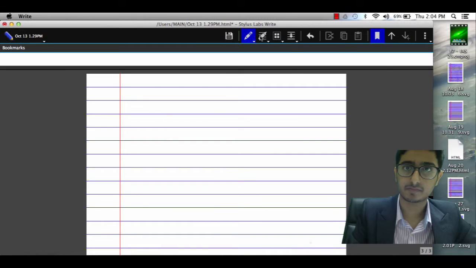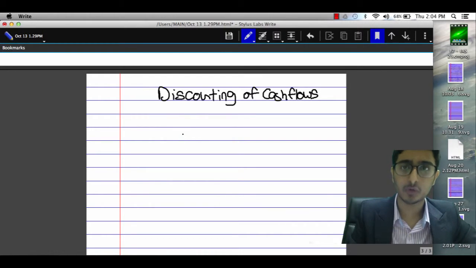Yes. When it comes to discounting of cash flows, in some scenarios you are already given the rate at which the money falls. But what if we are not given? Then you must calculate it by yourself.